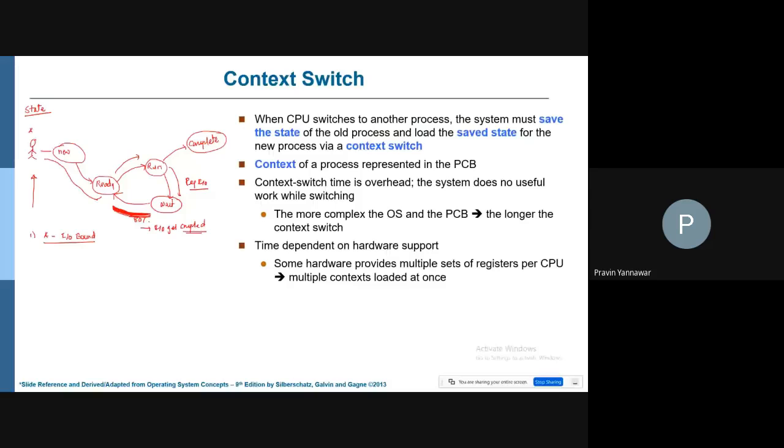Now, if you see the second case, again you have got a change. You have got a B process. Okay, so this is called the B process. B is again submitted at new.